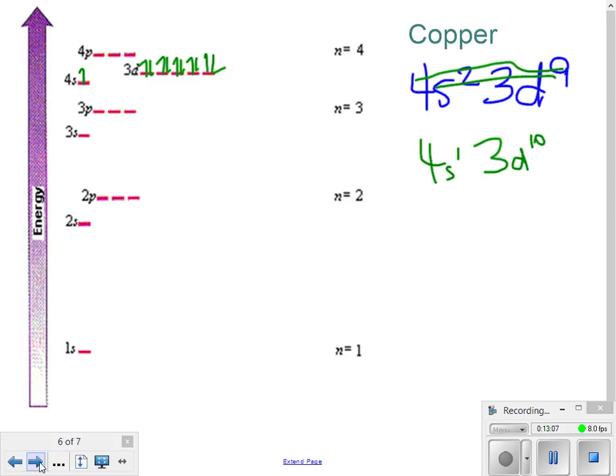For the most part, this is a pretty good rule, I guess, for the transition metals to follow. But again, it can fluctuate depending on which atoms you're talking about. But for the most part, generally, this is an acceptable rule for transition metals' electron arrangement, as well as transition metals becoming ions and losing those electrons to become cations.